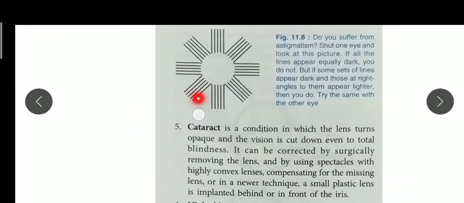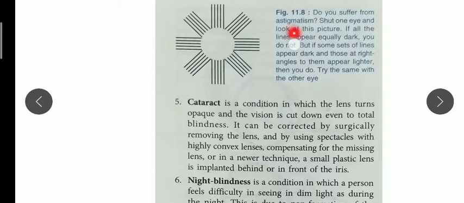So one activity is there in this, how we can judge. Through this picture you can see, if you suffer from astigmatism, shut one eye and look at this picture. You can see these are dark lines. If you are able to see these dark lines as they are, then it's okay, it is a normal vision.